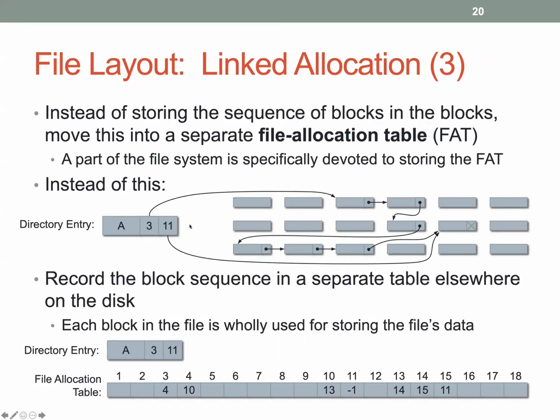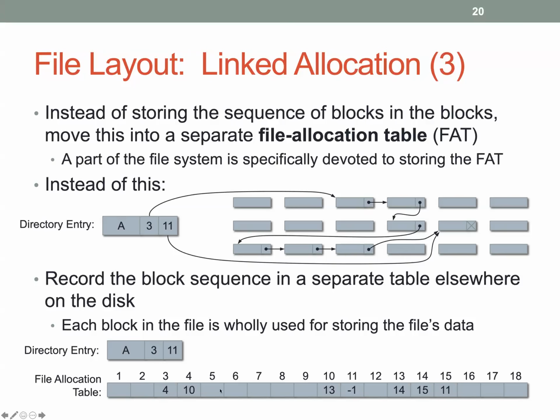So you can see here, I guess I started numbering from 1, so please forgive me. So block 1, block 2, block 3. The entry in the file allocation table for block 3 would say, what's the next block? In the old one, we had 3 pointing to 4, and 4 pointing to 10.